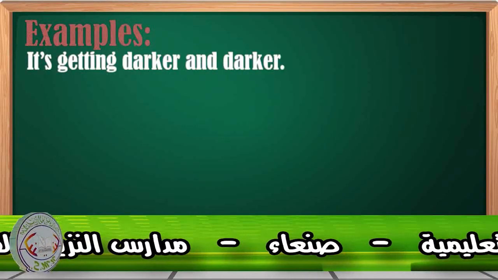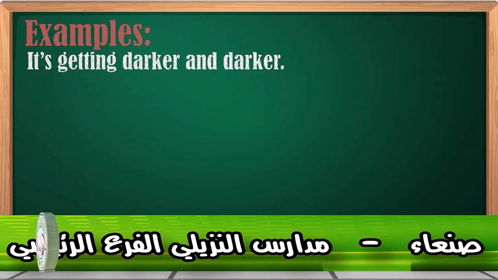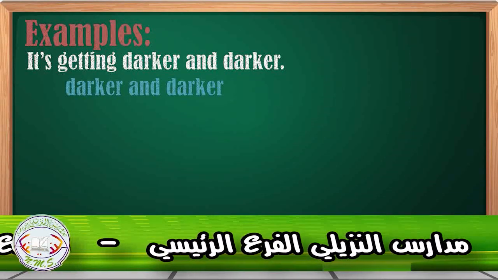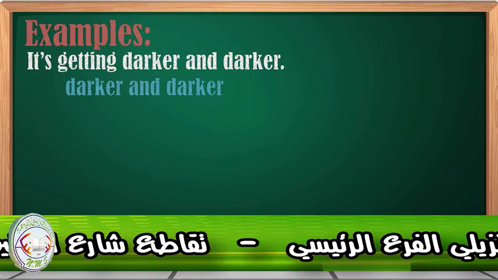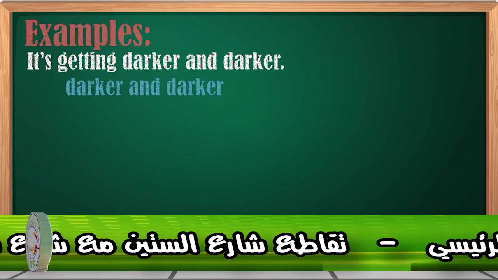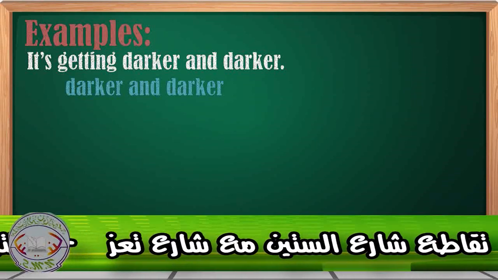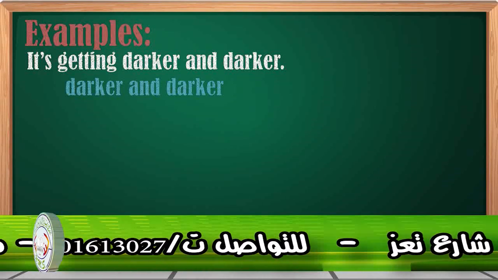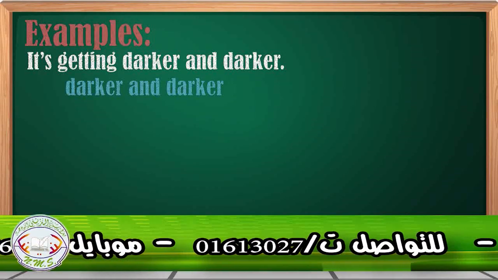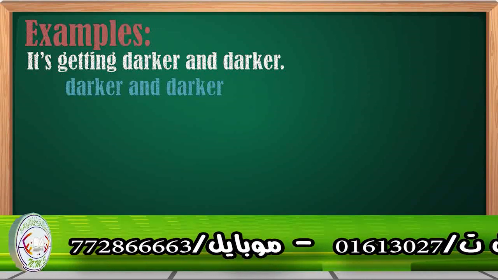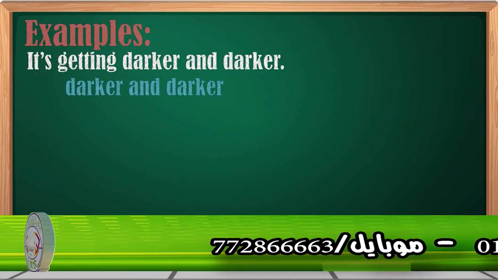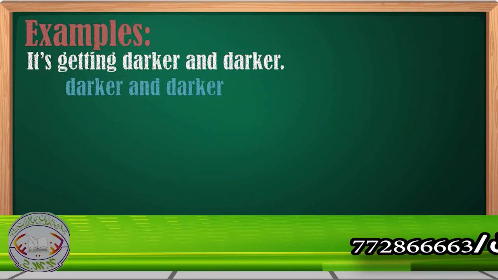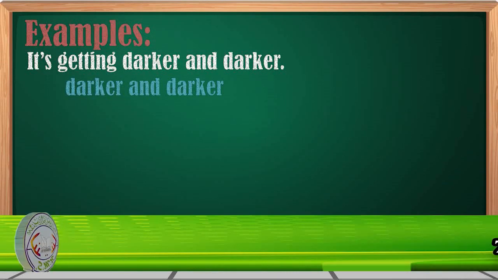Look at this example. It's getting darker and darker. Look at darker and darker. How many times was it repeated? Twice. So we call it emphasis, darker and darker. What is the form of the adjective? Positive adjective, comparative adjective, superlative adjective.